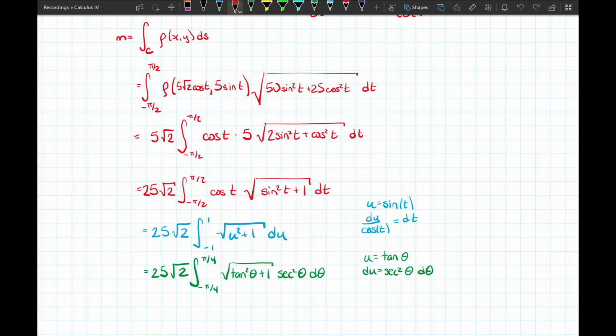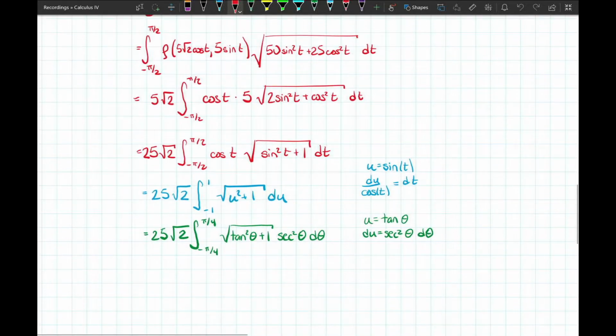By plugging negative 1 and positive 1 into tangent, we end up with negative pi over 4 and positive pi over 4 as being the new interval for theta. Oh boy, okay, so we're going to simplify this square root. The square root of tangent squared theta plus 1 is simply the square root of secant squared theta, and that is secant. So we're going to end up with an integral of secant cubed theta.